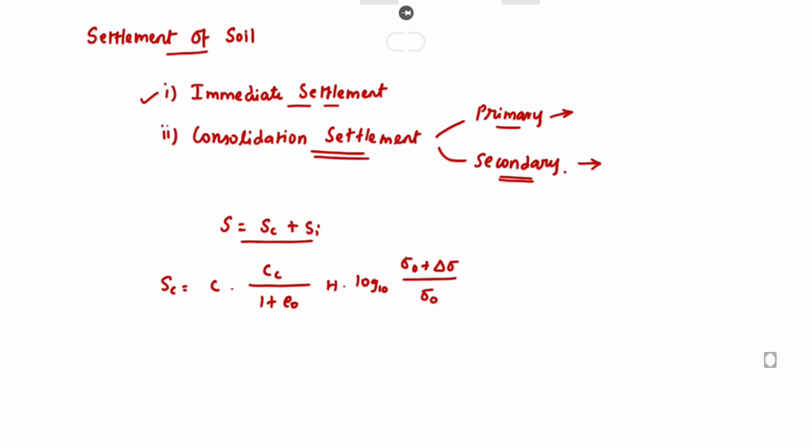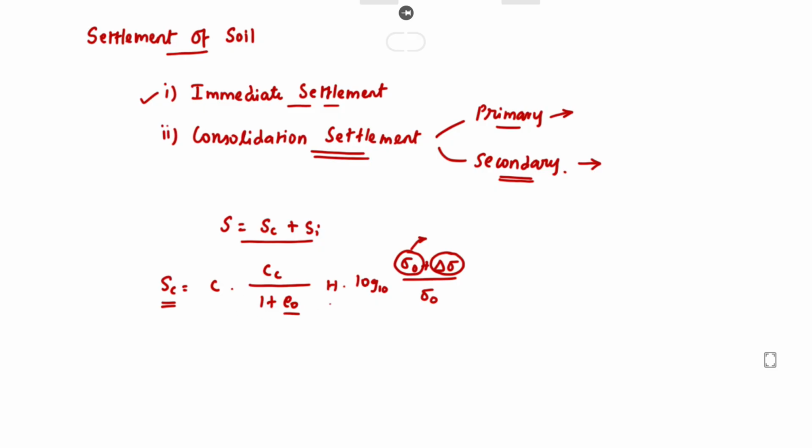Now we can take this as the effective stress, and in the overlap period we also have to consider how much incremental change there is in the effective stress. So this is the formula we can use for consolidation settlement: Cc, that is the compression index, divided by 1 plus e naught, that is the initial void ratio.